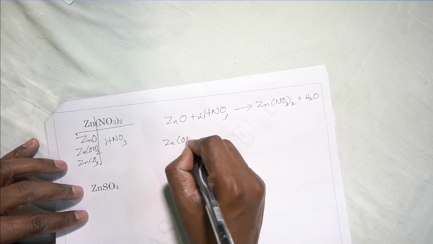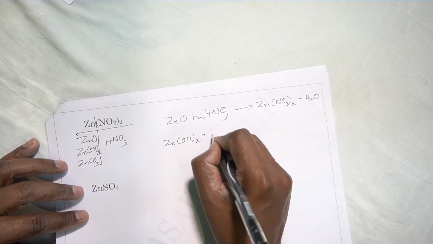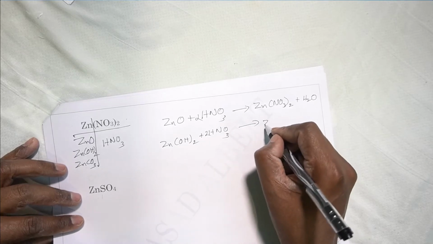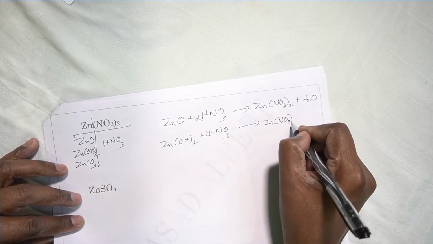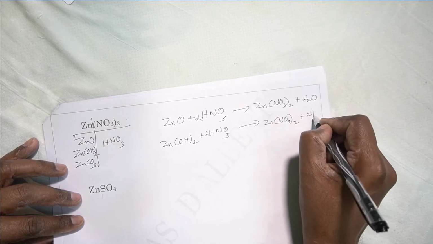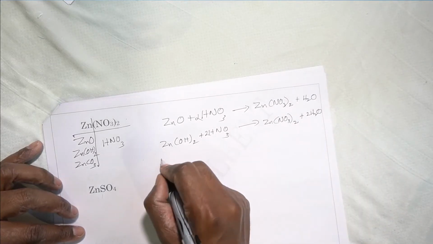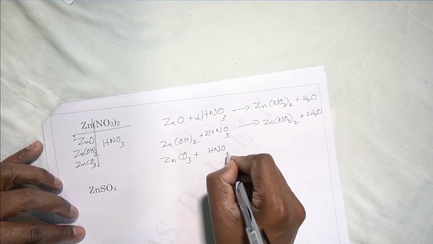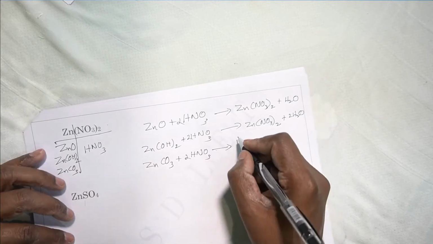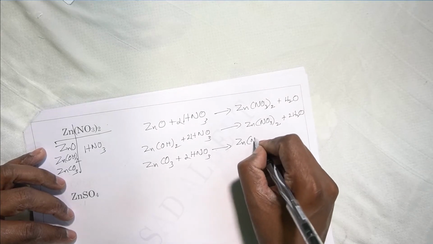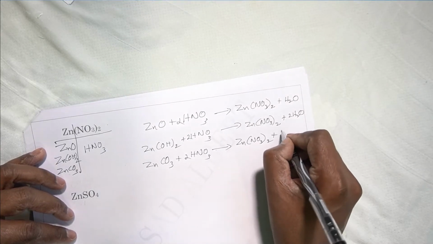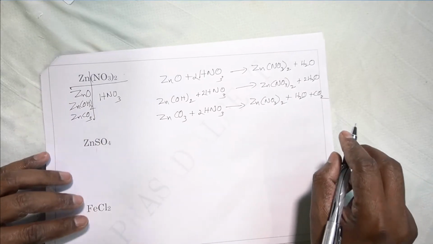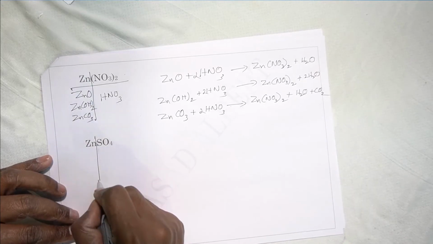Then zinc hydroxide plus again 2 HNO3. You get zinc nitrate, Zn(NO3)2, plus 2 H2O. There are 2 OH groups, 2 H2O. Then zinc carbonate, carbonate plus acid, 2 HNO3. Salt plus water plus carbon dioxide: Zn(NO3)2 plus water and CO2. So this is done. Now let us take the next salt, zinc sulfate.